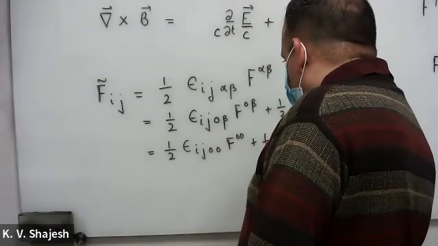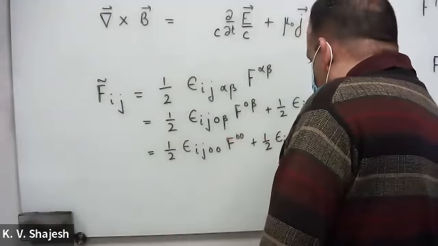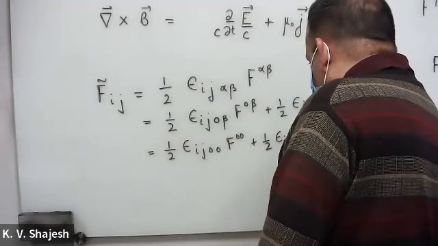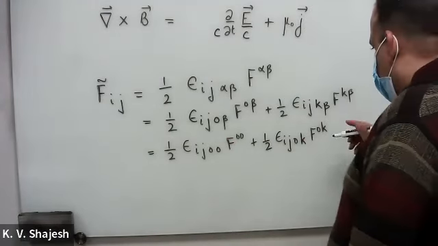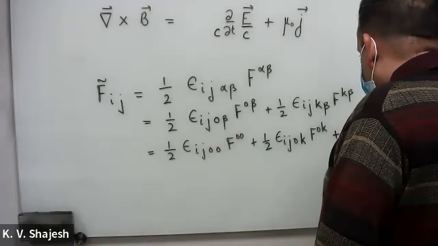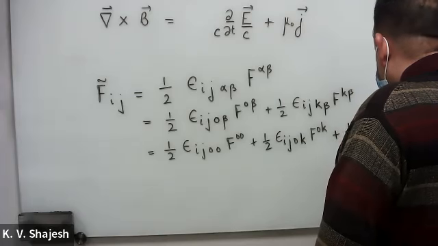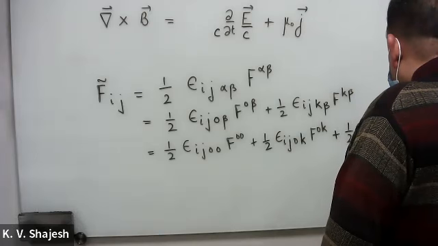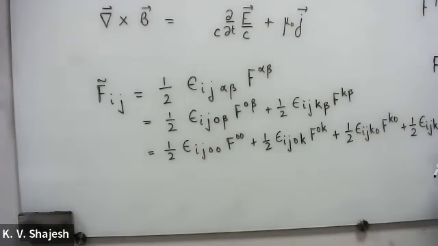Plus 1 by 2 epsilon ij 0, I have k available here, so that's k, F0k. This is remaining: 1 by 2 epsilon ijk 0, Fk0, plus 1 by 2 epsilon ijk. I have a fourth, and that's ijkm, let's say, Fkm. So clear?